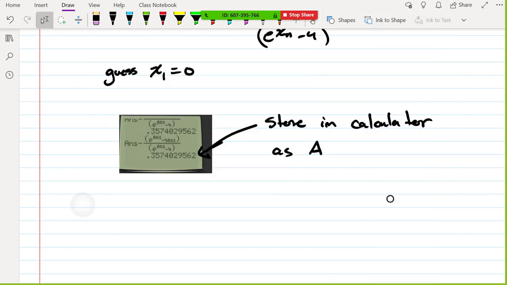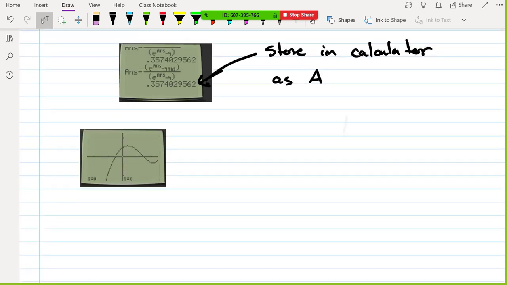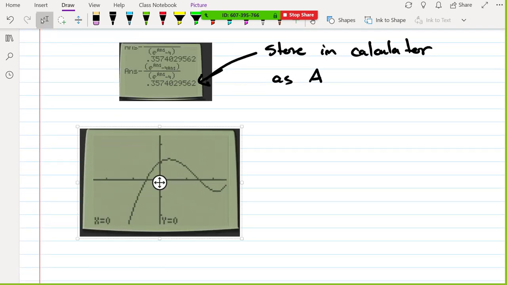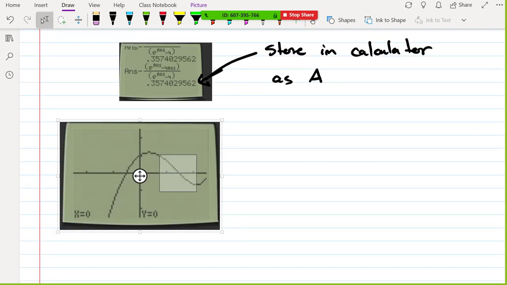So based on what we saw, here we just found a critical number, and what was our critical number? 0.35. That's going to be this one, so that's actually going to be a local max.